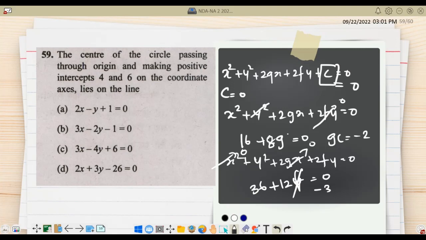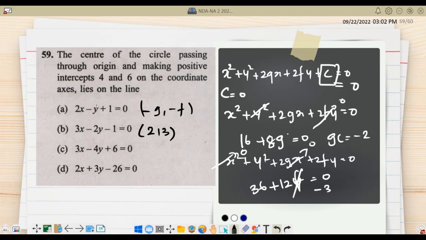Right. So the formula for the center of the circle is (minus g, minus f). The center of the circle is (2, 3). So which of these equations satisfy (2, 3)?